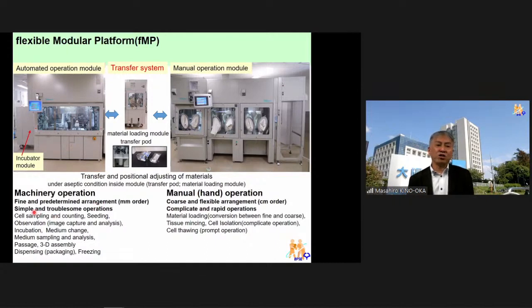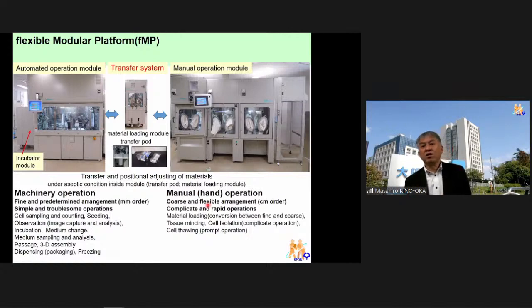And also for the machinery system, simple and troublesome operations, again, I want to say, I don't like the culture. For simple and troublesome operations, the machinery system can perform well. But we also need manual operation because we have an eye to check the position of the vessels, easy to catch.